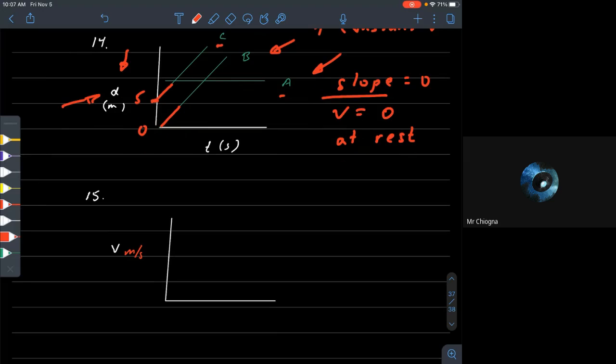Okay, notice something here with this graph. You're no longer plotting D. This is V versus T.